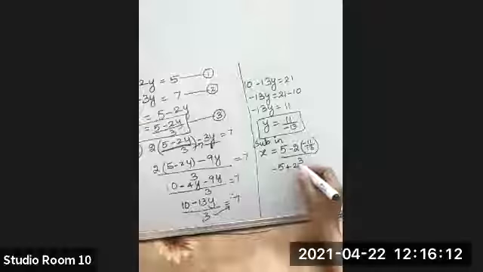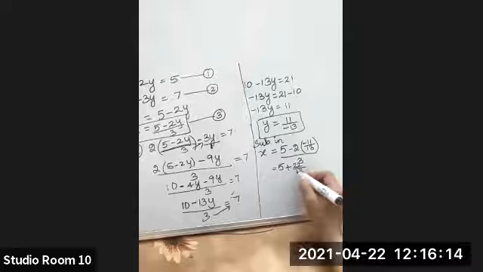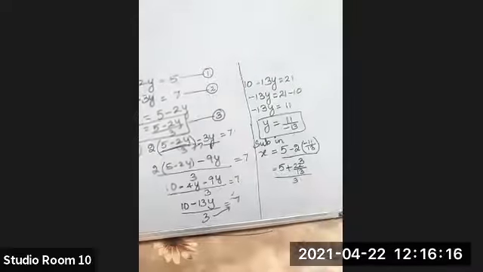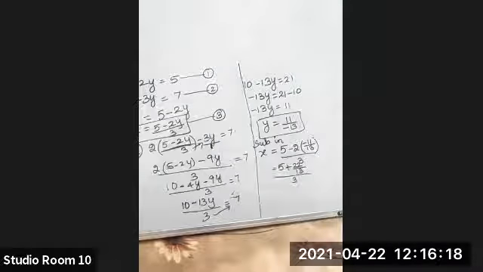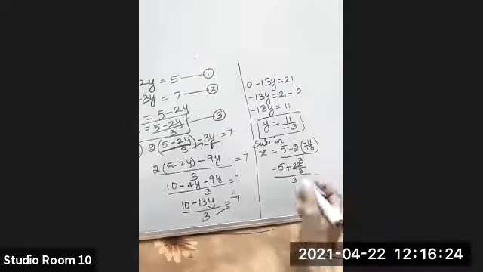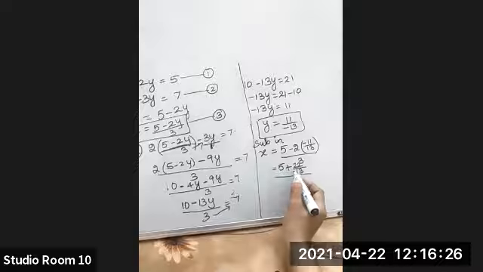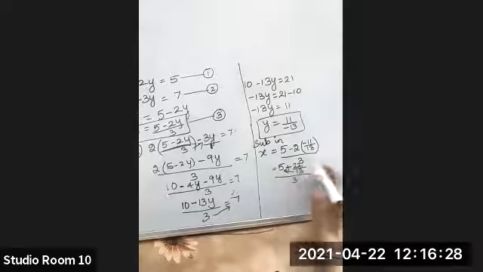So it will become 5 plus 22 by 13, all by 3. Is it okay? 11 into 2, 22. 22 by 13. Next step, you take the LCM. I'm cross multiplying here. 13 into 5. What is 13 into 5?